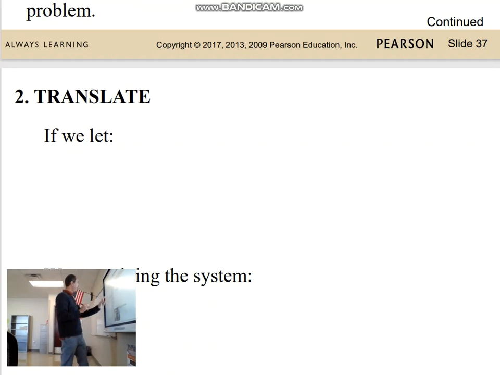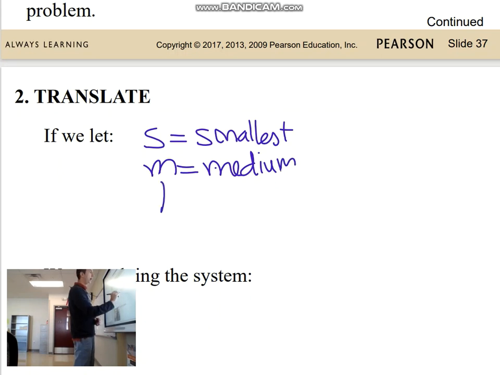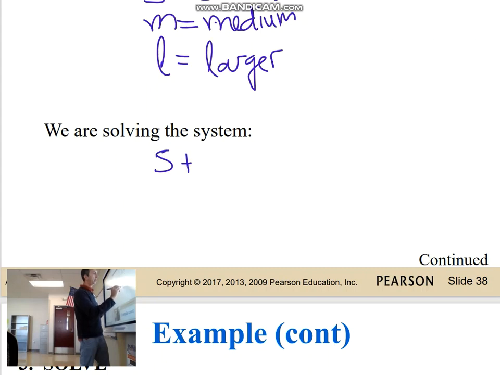If we say that S is the smallest angle, M is the medium angle, and L is the largest, then we can make a system of linear equations, because S plus M plus L equals 180.